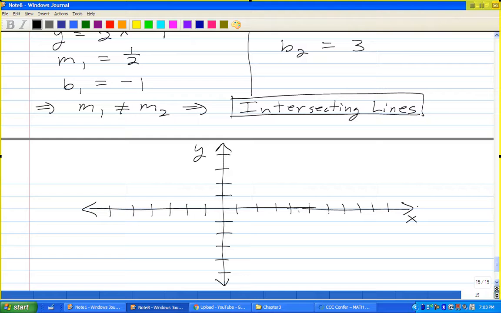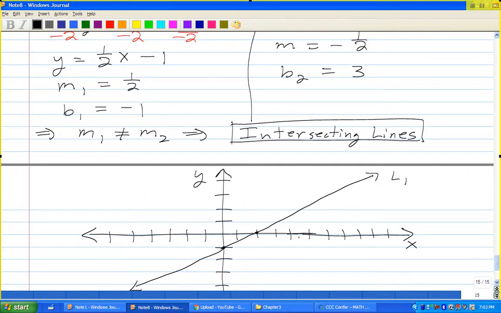Okay, good enough. So I'm here at 0, -1. Okay, so I start at -1. I have a run of 2 and a rise of 1. So that's L1. Next I have 3.